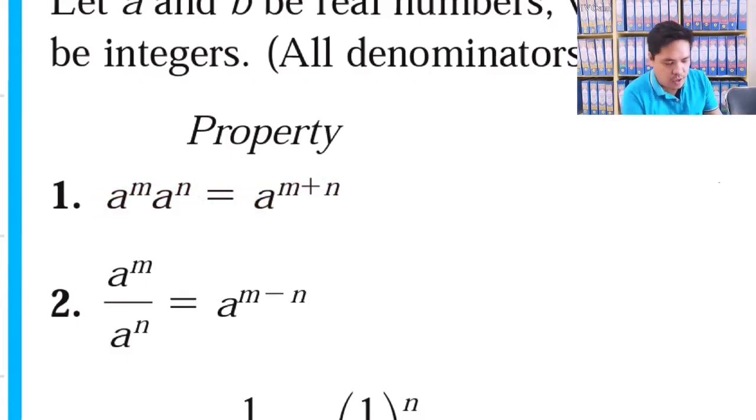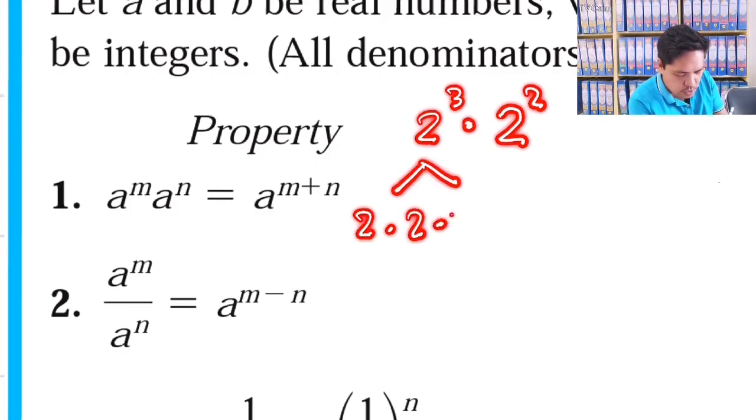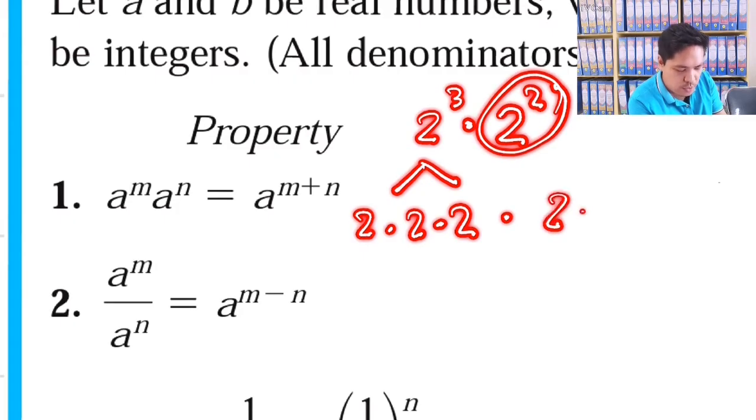Why is that? The M dictates how many times it is multiplied. So, for example, we have 2 raised to 3 multiplied by the same base 2 raised to 2. Okay? 2 raised to 3 is actually 2 times 2 times 2, and 2 squared is 2 times 2.